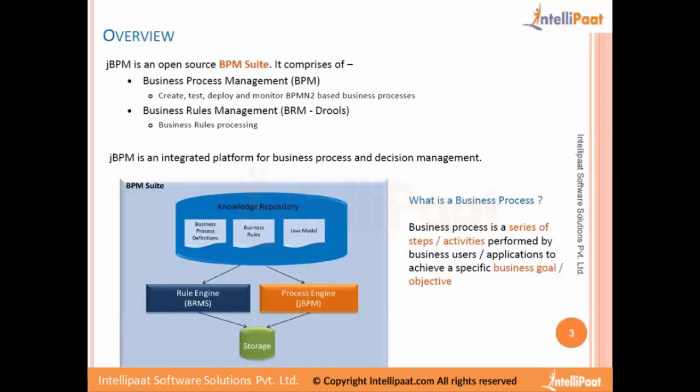And that's where BPM comes in. These business process management tools help us in managing the whole life cycle of a process, right from the stage where we design the process till the stage of execution and completion of the process.